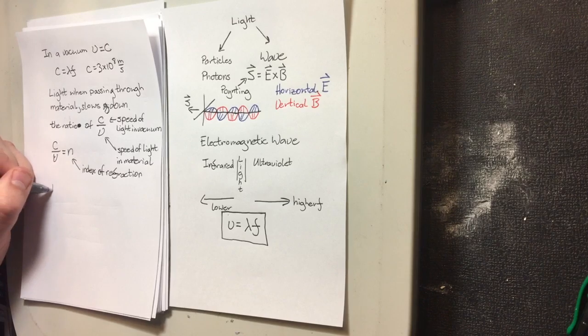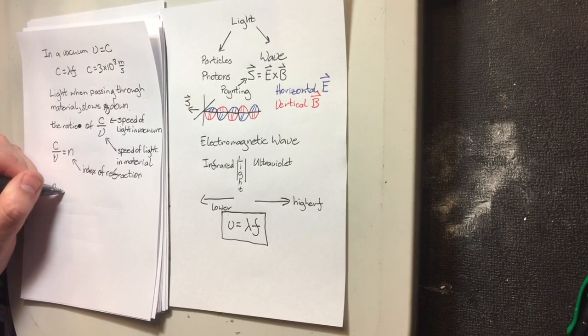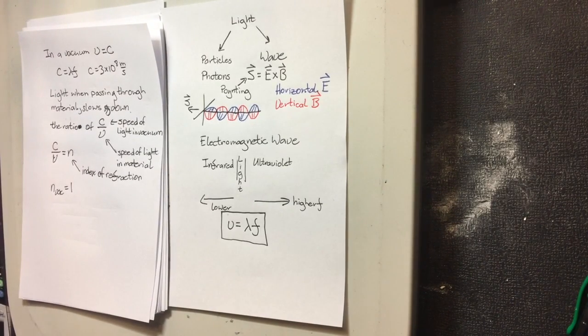Now, the index of refraction for a vacuum is 1. If you take C and divide it by itself, you're going to get 1.